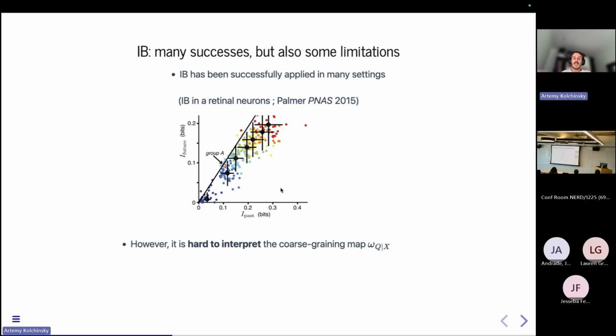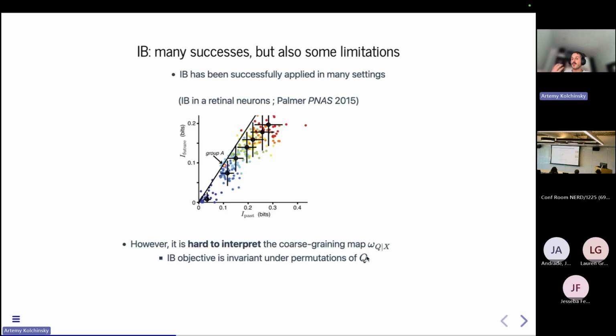So first, it's not really possible to give a meaningful interpretation to this map, the optimal coarse graining map from X to the bottleneck variable, because Q is just a dummy space, and the objective is invariant under permutations of this space.